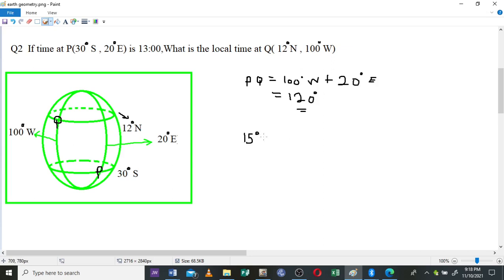The Earth rotates 15 degrees in just 1 hour, right? So if this is the case, we are saying the difference between these 2 points, P and Q, is 120 degrees. So if the Earth rotates 15 degrees in 1 hour, what about 120 degrees?